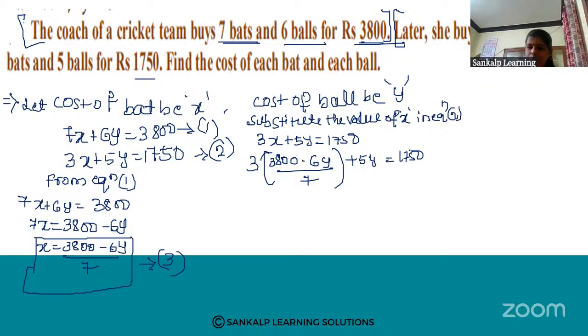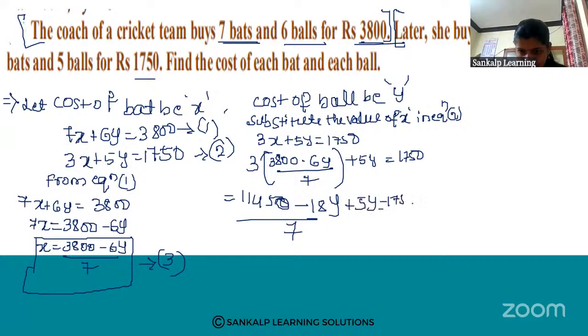Okay, so now 3 into 3800 minus 3 into 6y. 3800 into 3 ಮಾಡಿದ್ರೆ ನಿಮ್ಗೆ ಏನು ಸಿಗುತ್ತೆ, 11450. 11450 minus 6 3s are 18y divided by 7 plus 5y, you will get 1750.